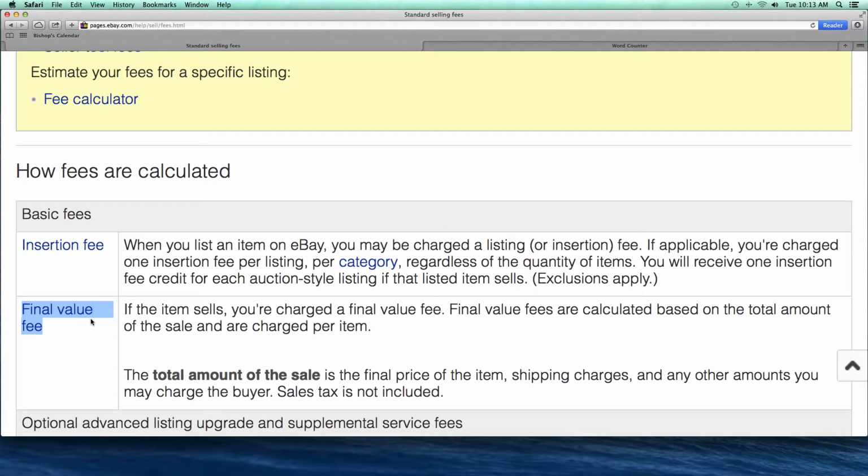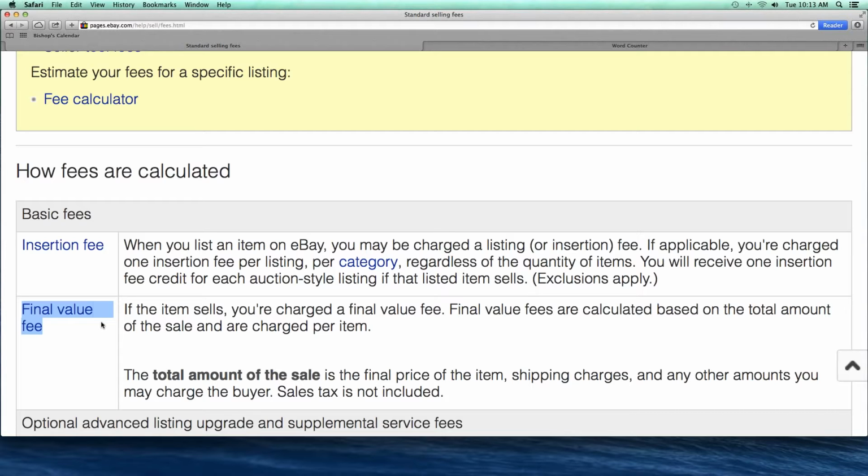Now here's what the insertion fee is. Without just reading this verbatim, I'm just going to explain it to you. Whenever you put something onto eBay, list an item, as they call it in eBay, you're potentially subject to an insertion fee just for inserting the item onto eBay. That's where it gets that name, insertion fee. Now, luckily, each month, your first 20 listings or insertions are totally free.